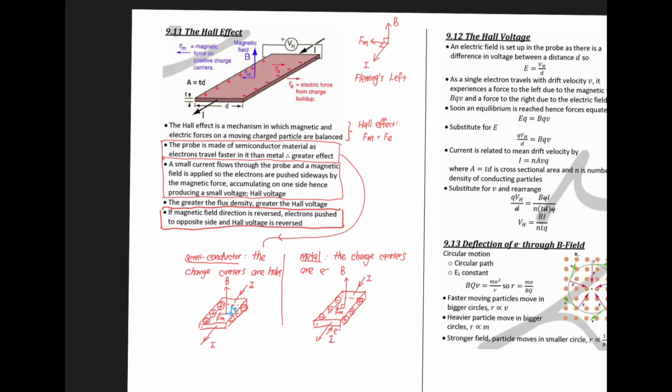So that is the function of the probe. We will see it later in past papers. You will see past papers where they ask about the Hall probe. They will put the Hall probe as a probe or a detector that determines the B, for example. Of course there are other uses, so we'll come to that later.